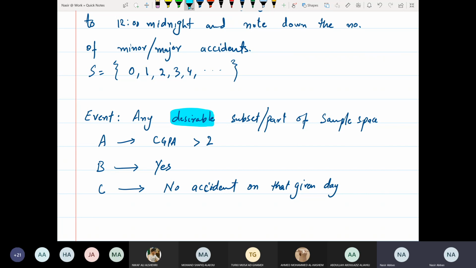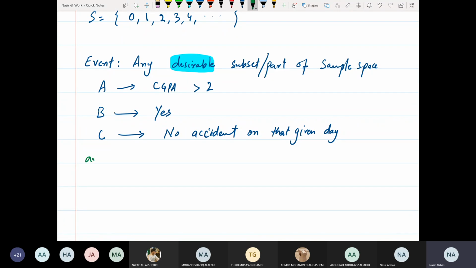And we find the probabilities of these events.